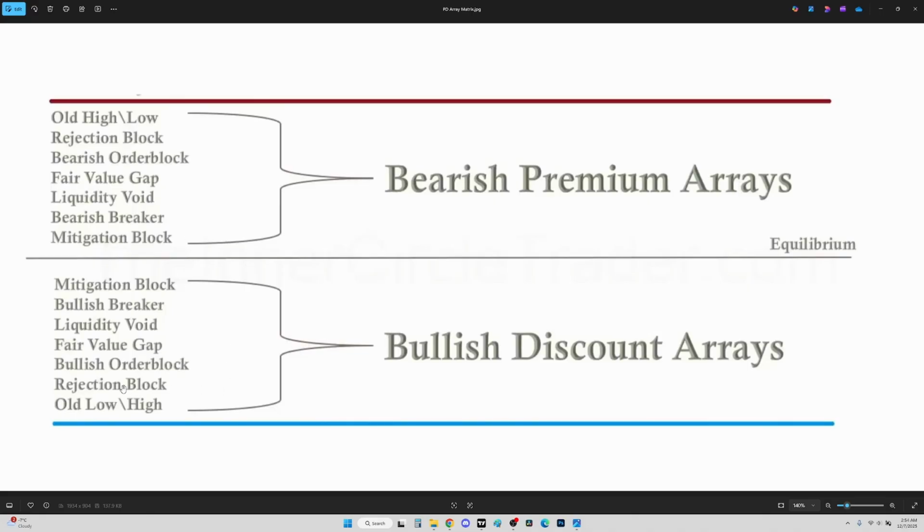If price does come down to a rejection block and then it runs higher, this is your best place to get in on. But if price doesn't hold any of these, the likelihood that this is going to hold it is very, very minimal. ICT says that the bullish breaker is the strongest, or it takes precedence over all the other ones. So if a bullish breaker isn't going to hold, then you better hope that these do. Otherwise, you're just going to get stopped out.